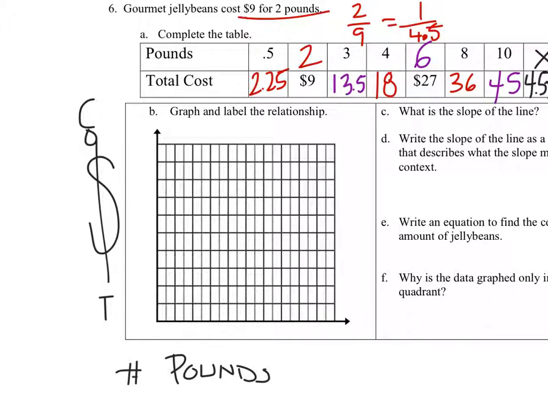All right. Now that we have that labeled, we need a scale. We went up to 20 pounds. Looks like if we have everyone go up by 2, we should be good. So there's 2, 4, 6, 8, 10, 12, 14, 16, 18, 20. The cost goes all the way up to $90.